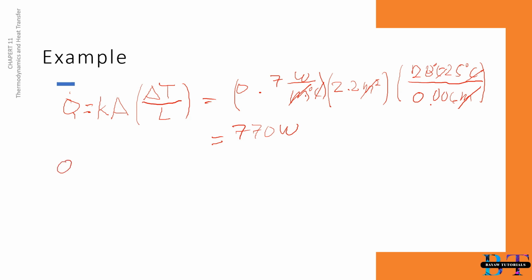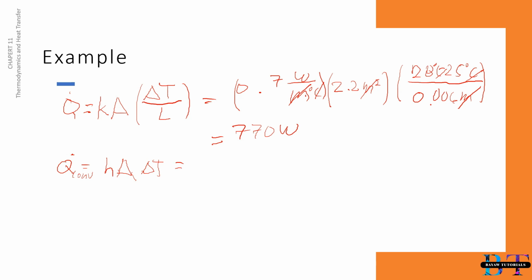Next, the rate of heat transfer from the glass by convection is equal to the convection heat transfer coefficient times the surface area times the change in temperature.